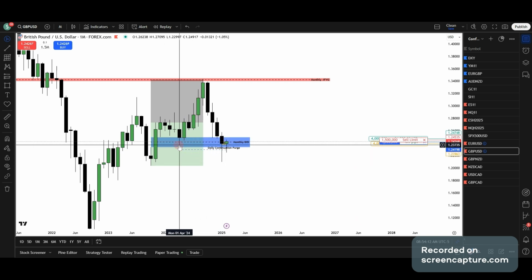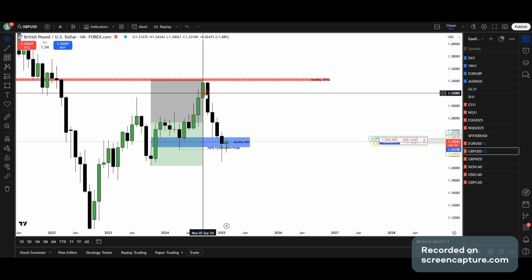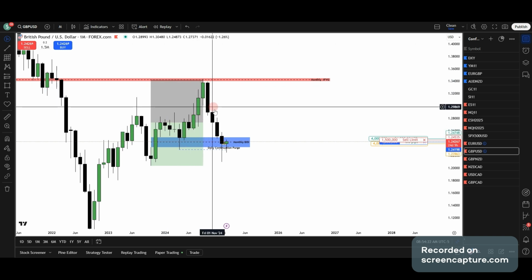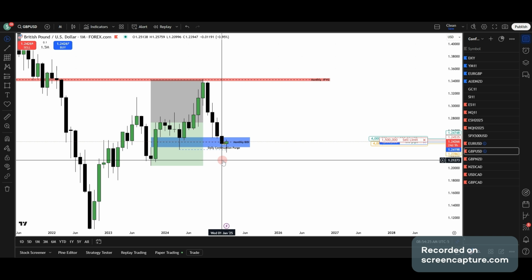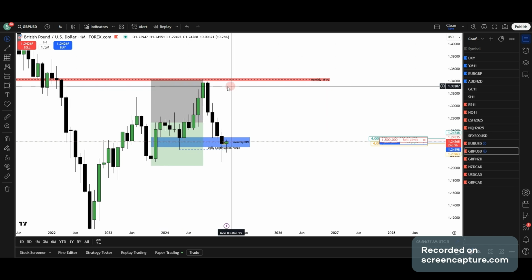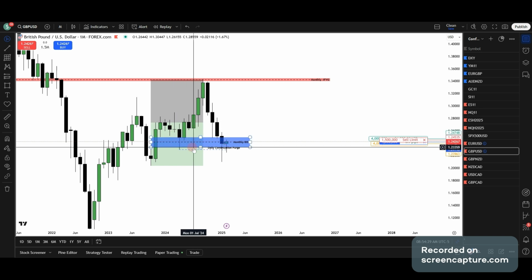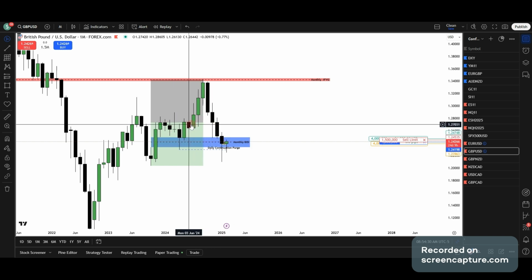Anybody who had been trailing their stop or who had their stop loss at this low, capitalizing on this long move here, has now been stopped out. And so now smart money can come in and take price higher again.